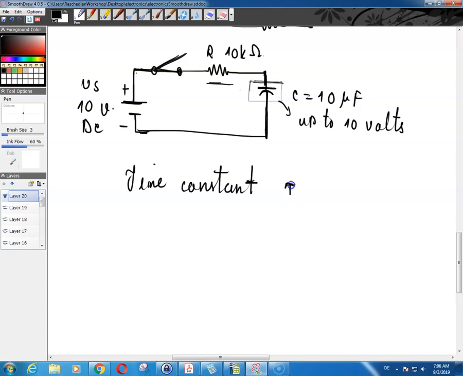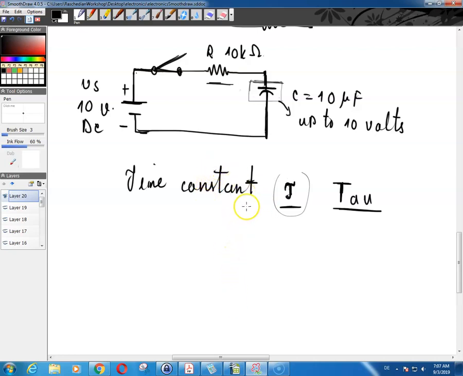It's usually written like this. That is the Greek letter tau, so tau is the time constant of a circuit.